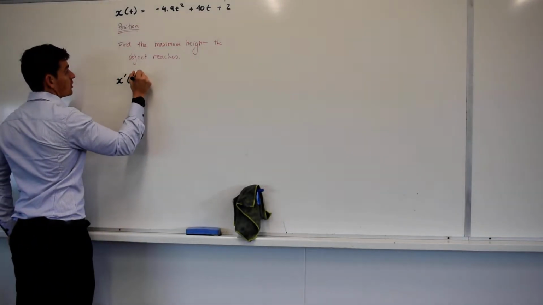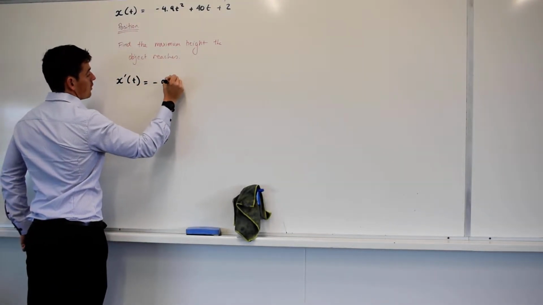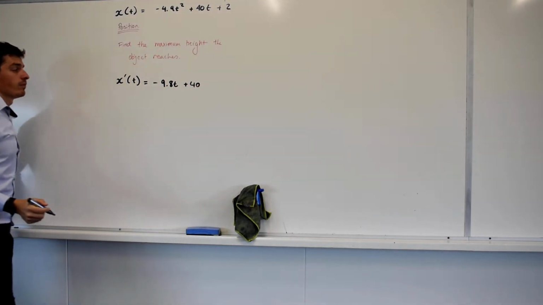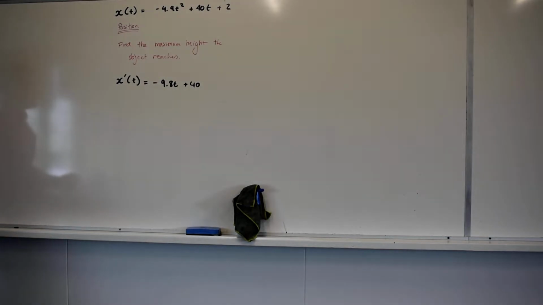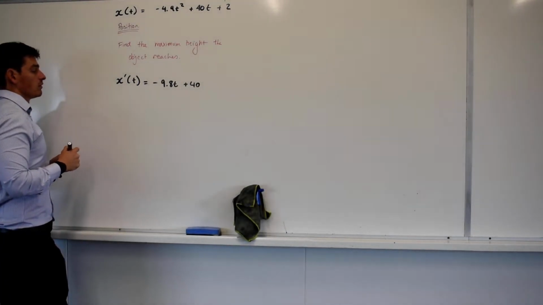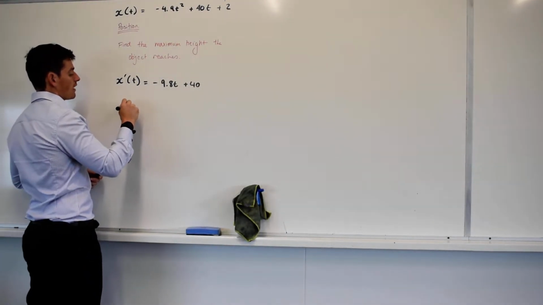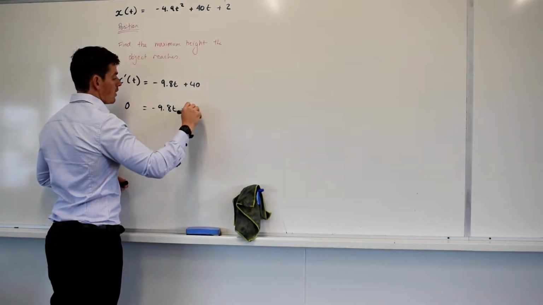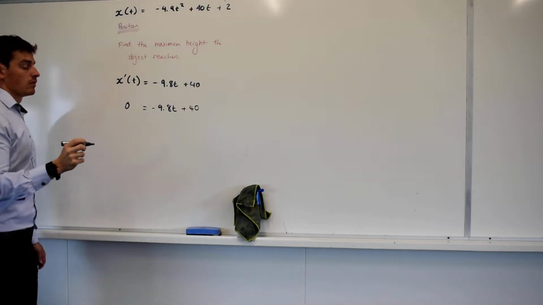So x dash t equals negative 9.8t plus 40. Cool? What does this function represent? So that's our velocity, so I'm going to let that equal 0. And then I solve for t.